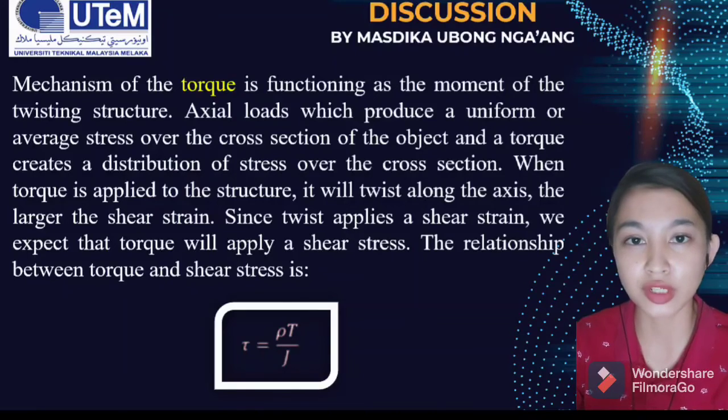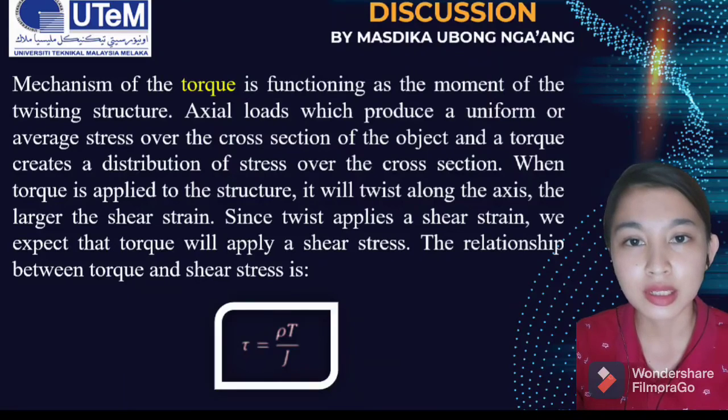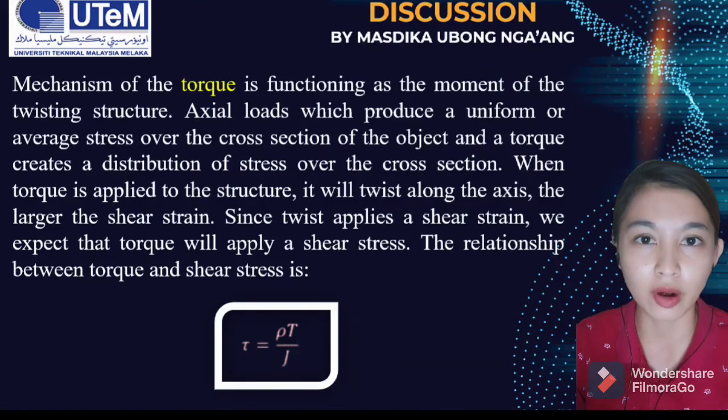For the discussion part: the mechanism of the torque is functioning as the moment of twisting the structure. Axial load produces a uniform or average stress over the cross section. When the torque is applied to the structure, it will twist along the axis. Since twist applies a shear strain, we expect that torque will apply a shear stress. The relationship involves J, the second polar moment of area of the cross section, also referred to as the second moment of inertia.